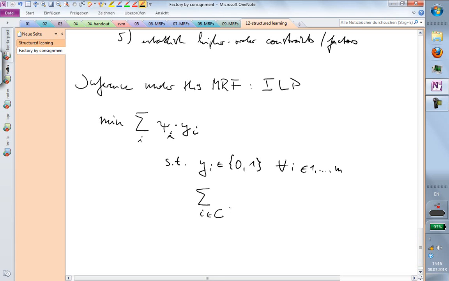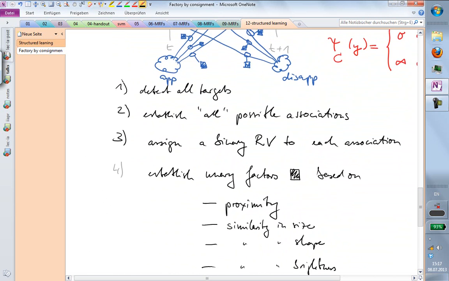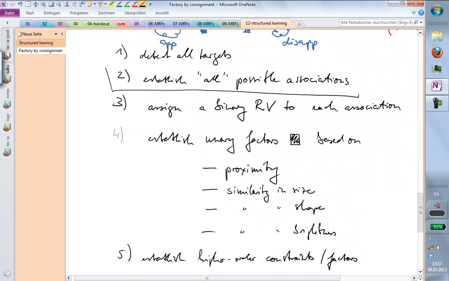And then I have the sums over these cliques of these higher order factors, and I require that they sum up to 1. And I have one clique for each detection. My notation is a bit sloppy for this last part here. So for each detection, I have one clique, and which variables exactly are in this clique comes from this step number 2, where I established all possible associations, or at least almost all.